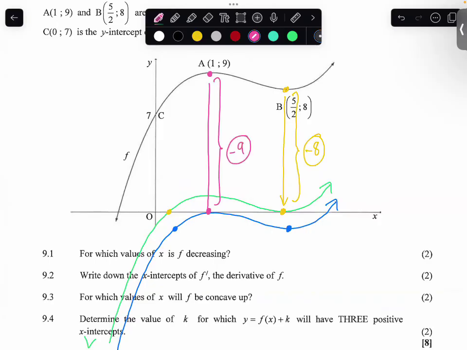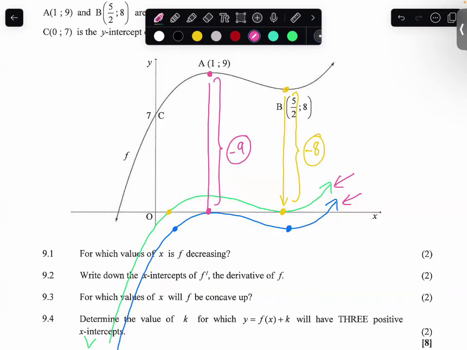All right? And so here's the thing. Any graph that's a duplicate of these that is drawn between these 2 graphs will have 3 distinct positive x-intercepts.